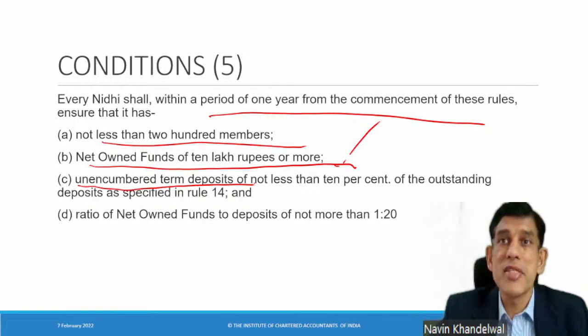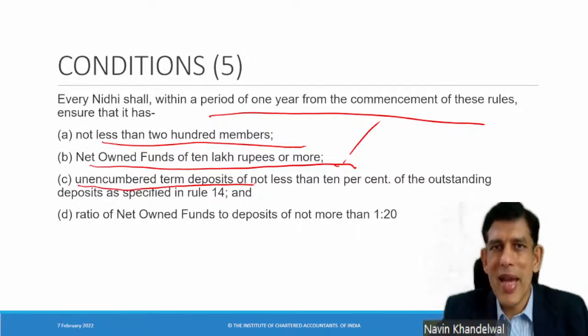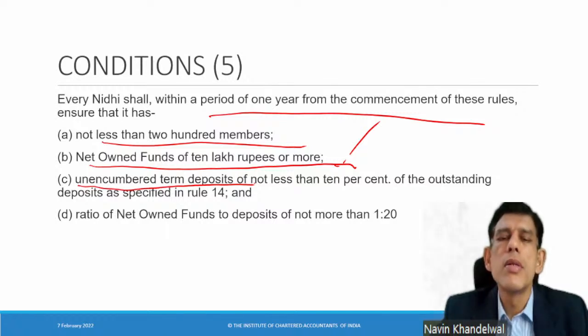So whatever deposit it receives from the members, let's say 1 lakh, then out of that 1 lakh which has been deposited, at least 10% should be unencumbered. That means it should be free of any charge. That means it should not be given as a security for taking a loan. So minimum 10,000 and more should be free of charge.